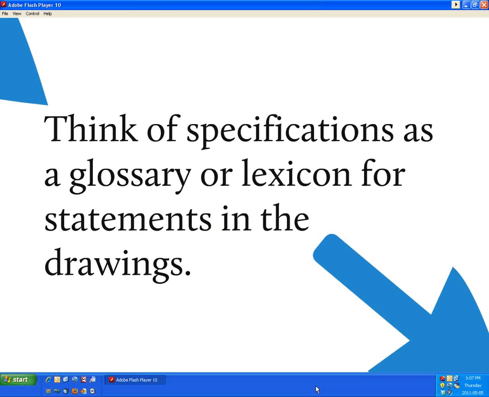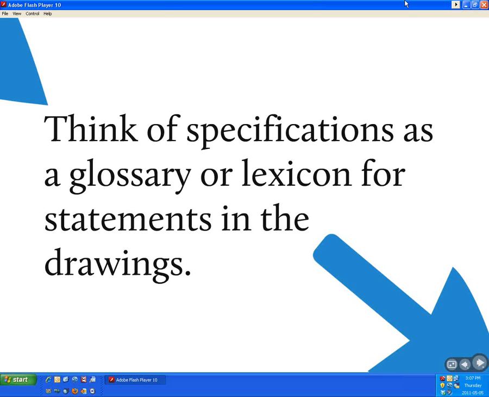And one of the things that I sometimes say to folks when I try to talk to them about writing specifications is to think of specifications as being a special list of terms or words like a lexicon or glossary that in itself doesn't have a lot of meaning, but like a regular English dictionary, you can write all kinds of books from the dictionary.